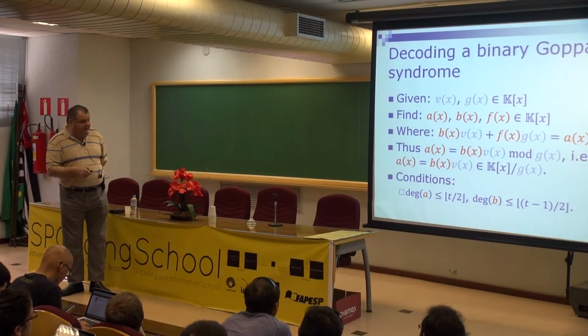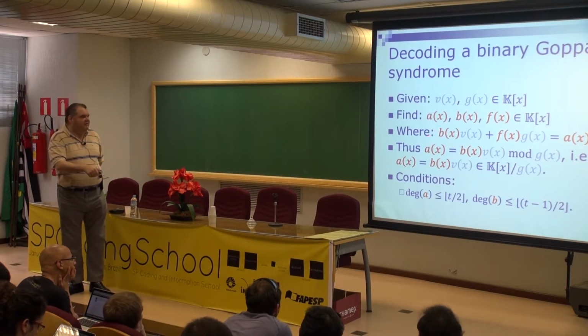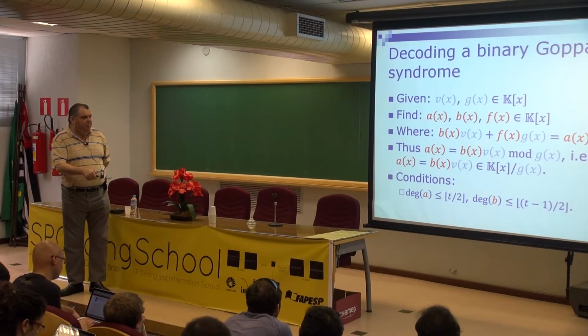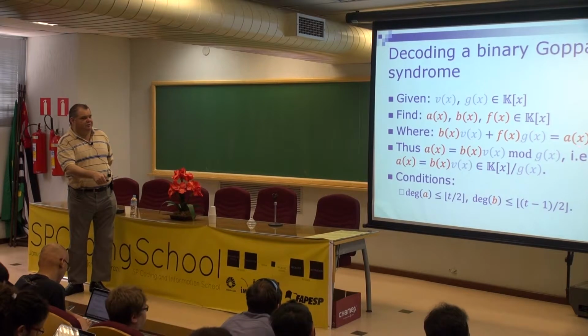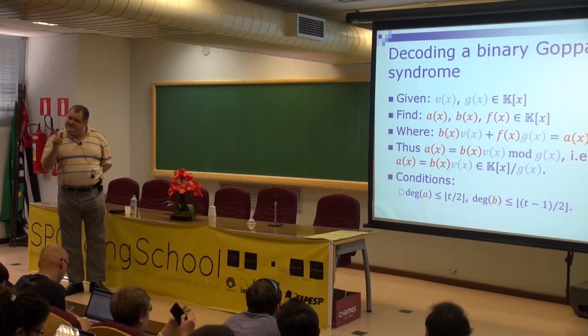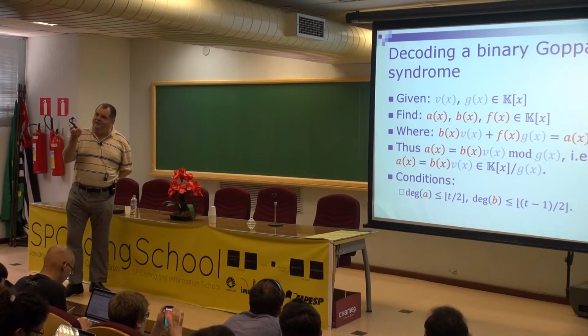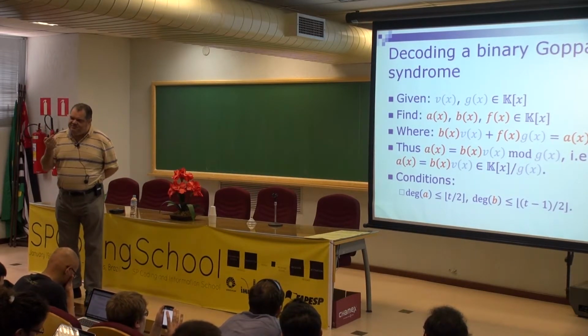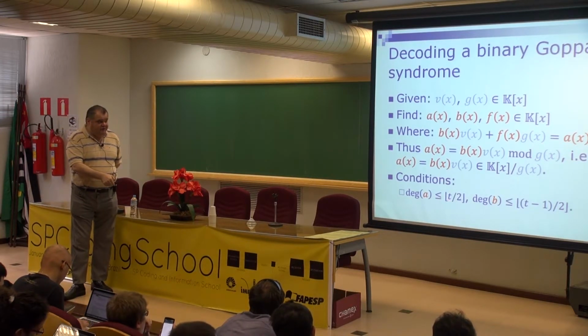We need to solve an equation of this kind. Find A, B, and some polynomial F, so that B times V plus a certain multiple F of G equals A. There is an extra condition, because sigma is the square of A plus x times the square of B. The degree of A cannot exceed half the number of errors.